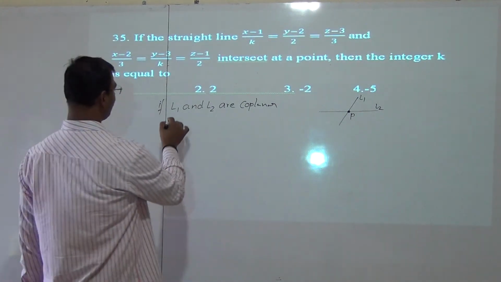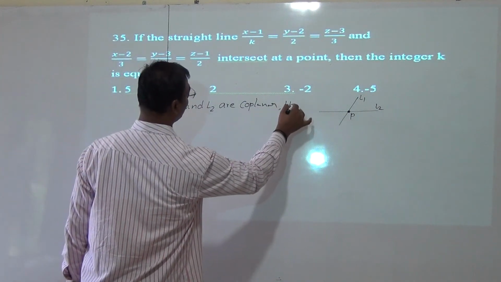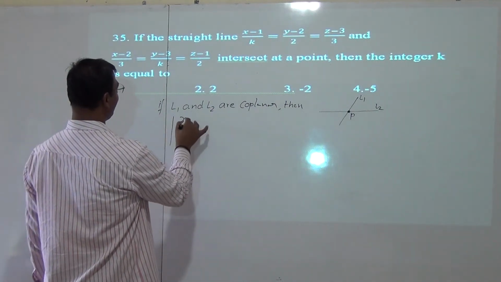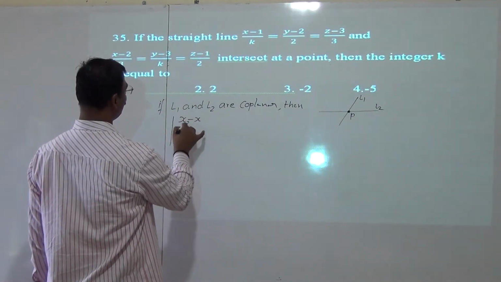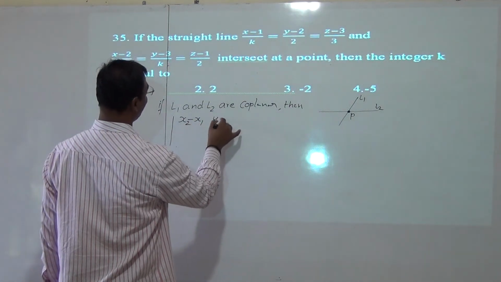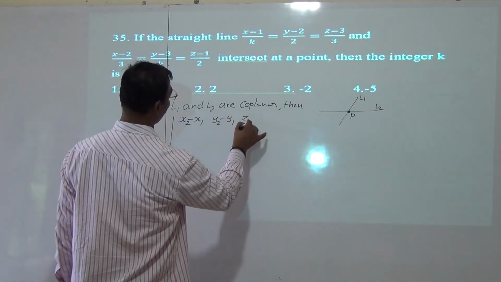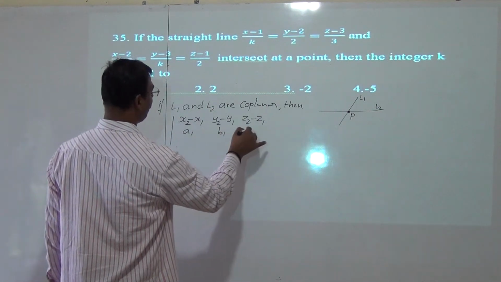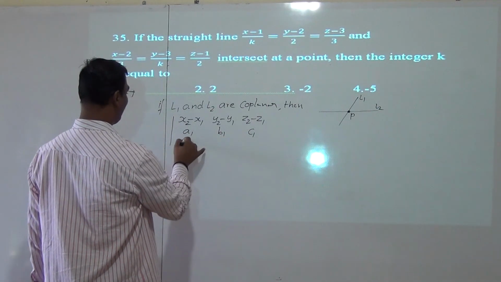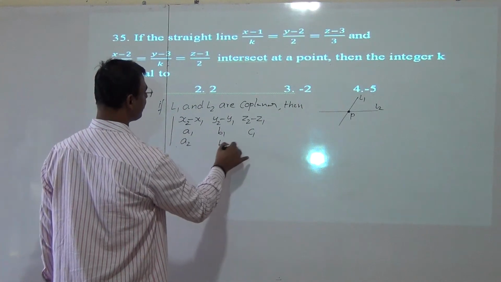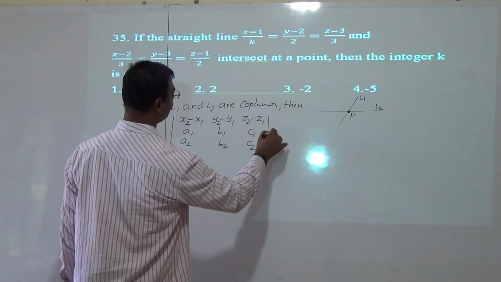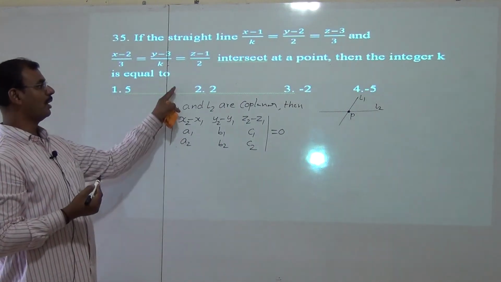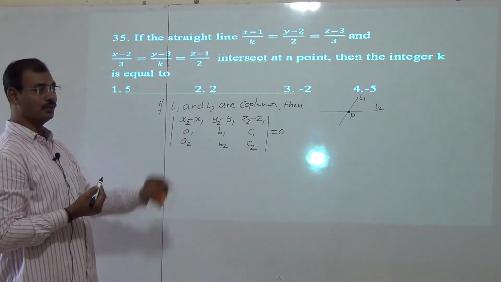What is the condition? The determinant equals 0: the determinant of x2 minus x1, y2 minus y1, z2 minus z1, then a1, b1, c1, then a2, b2, c2 equals 0. This is the condition for coplanar lines.